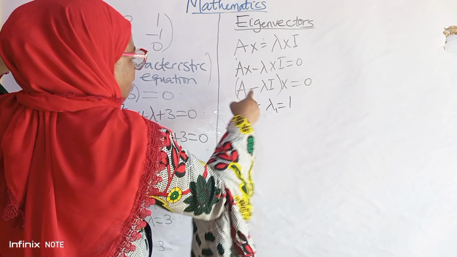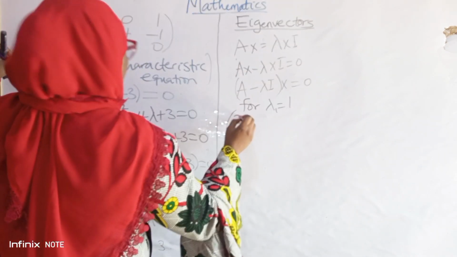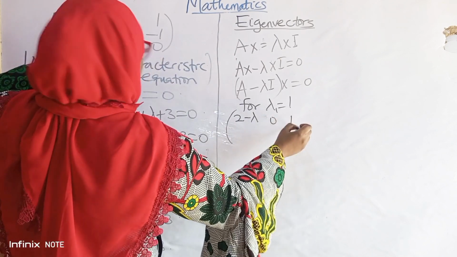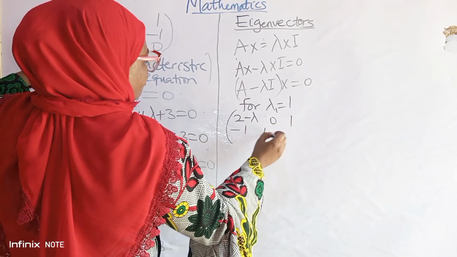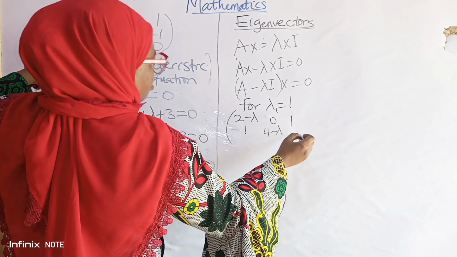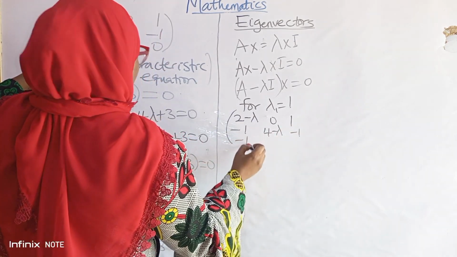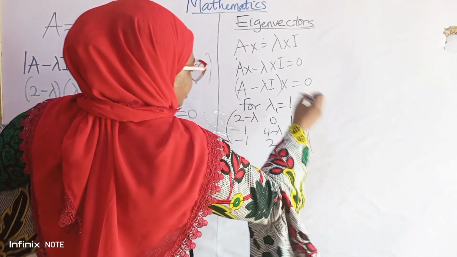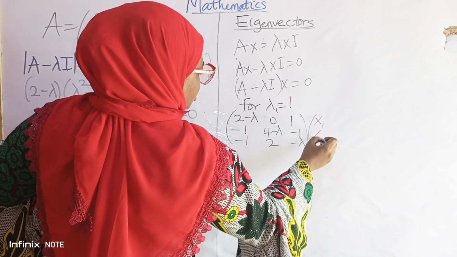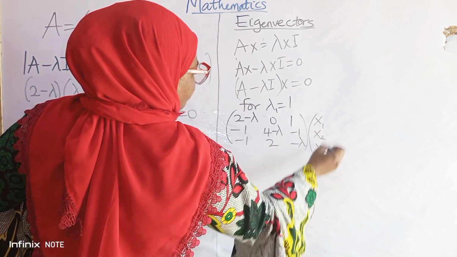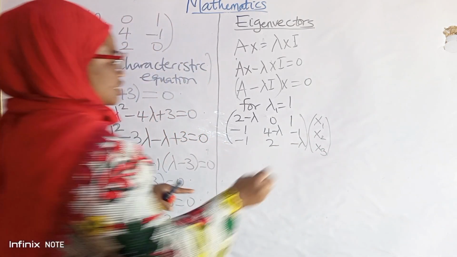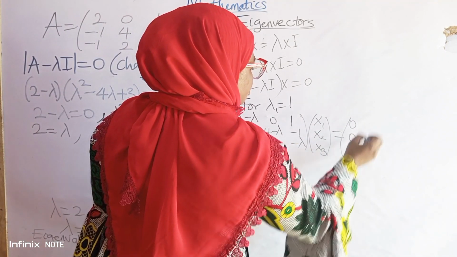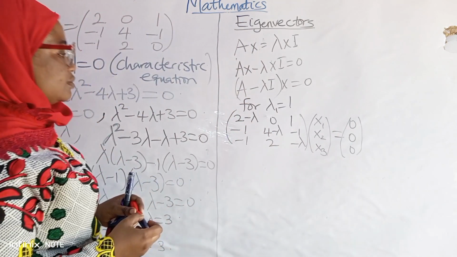So we have A minus lambda I, which will be 2 minus lambda, then 0, 1, minus 1, 4 minus lambda, minus 1, minus 1, 2, then minus lambda. Then multiply by x, which will be x1, x2, x3, because we have to write it in matrix form. Is equal to, let's write 0 in matrix form as well: 0, 0, 0. So that is a column matrix.